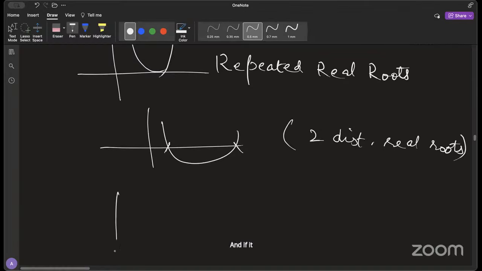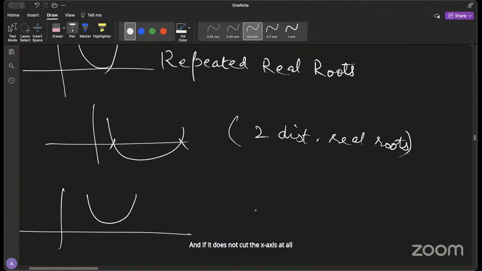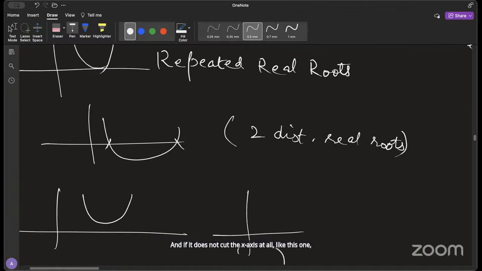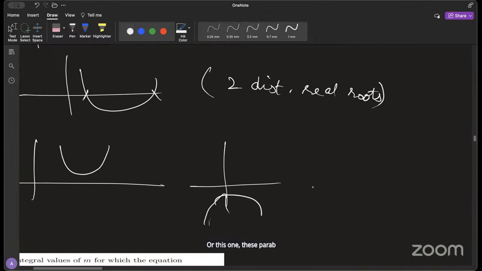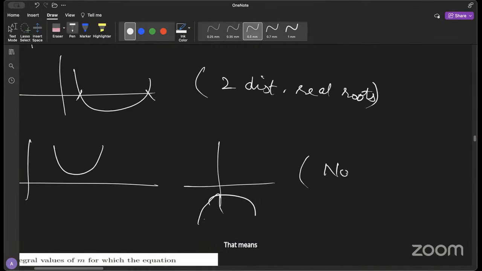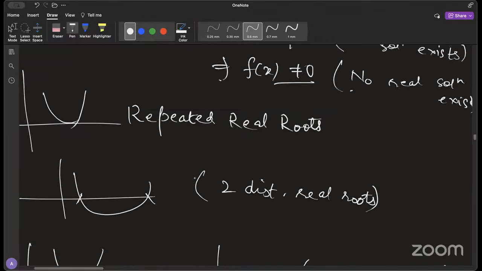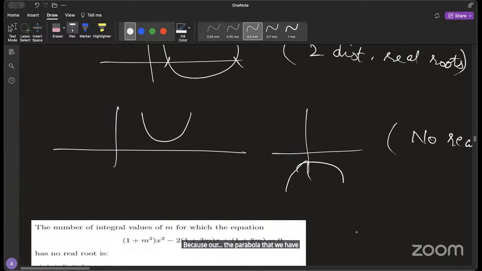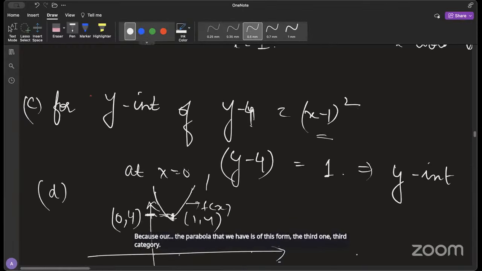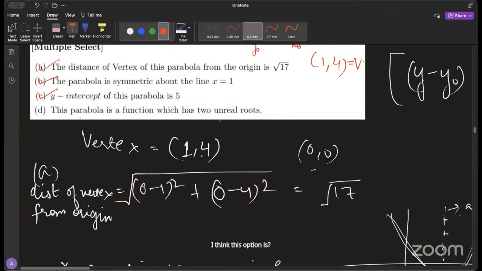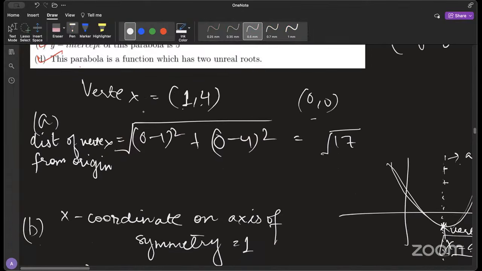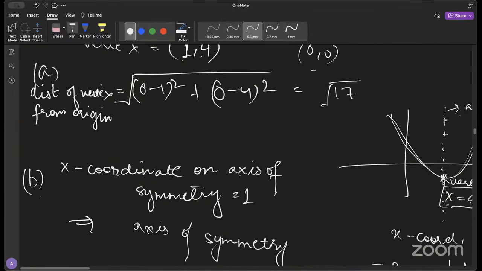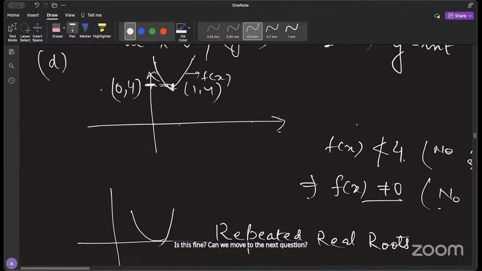And if it does not cut the x-axis at all, like this one or this one, these parabolas don't touch the x-axis, right? That means no real roots. Because the parabola that we have is of this third category, this option is correct as well. Is this fine? Can we move to the next question? Yes, ma'am.